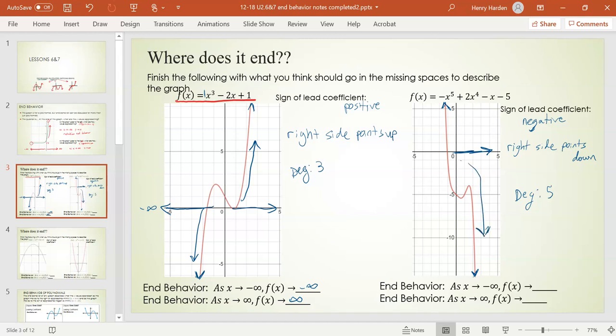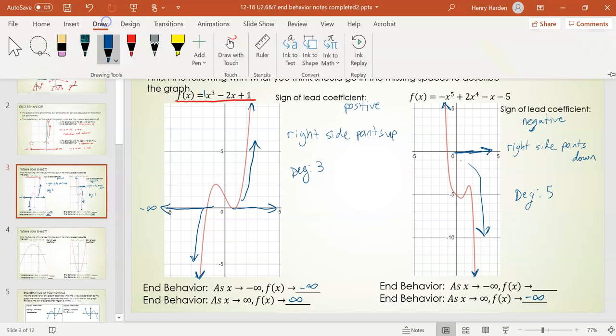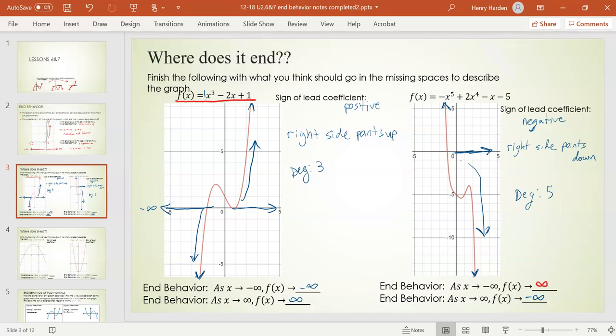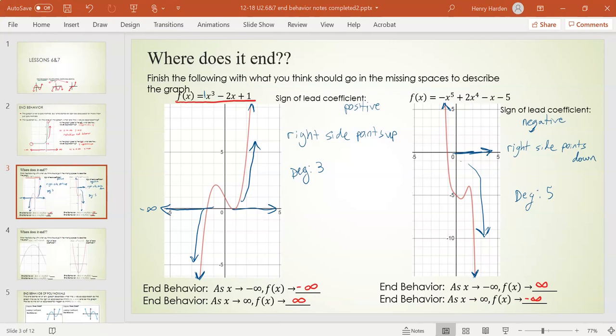So I can say as x goes to the right, this side points down. But as x goes to negative infinity, the side's pointing in the opposite direction. We'll change these to red real quick, just so they stand out. All right, so there's my end behavior.